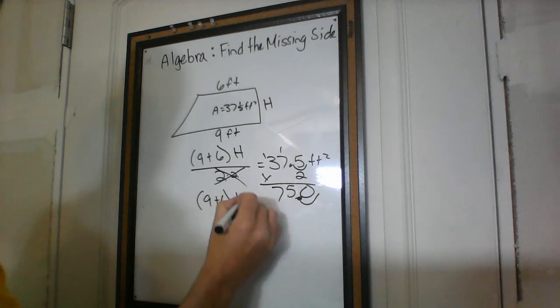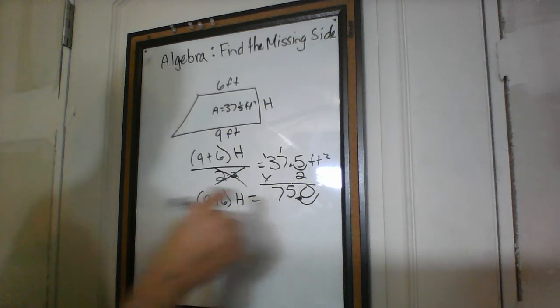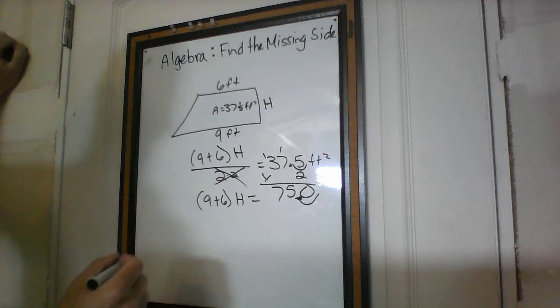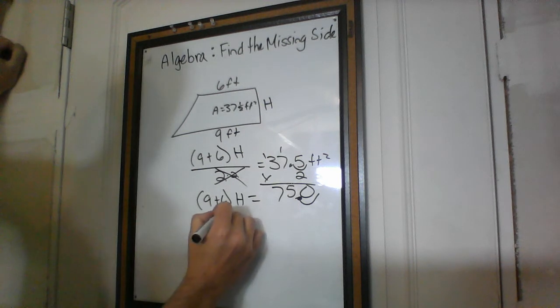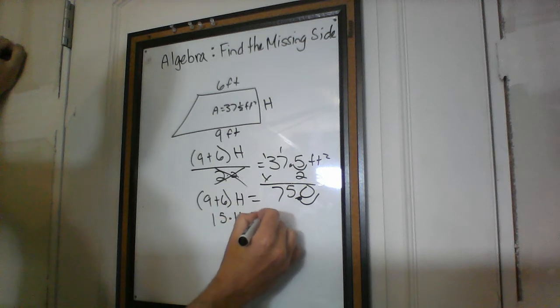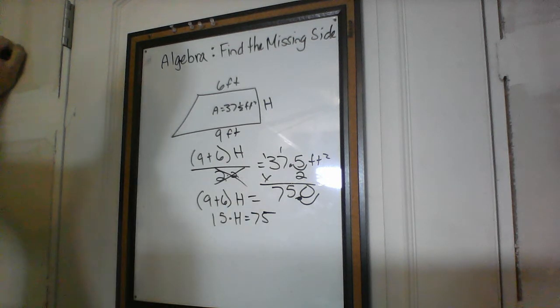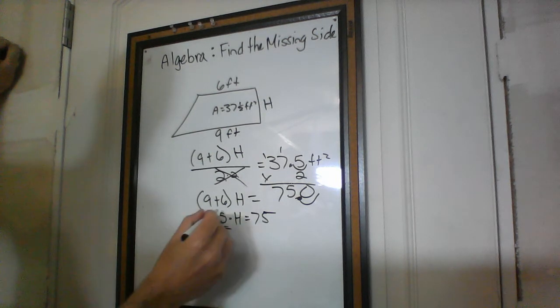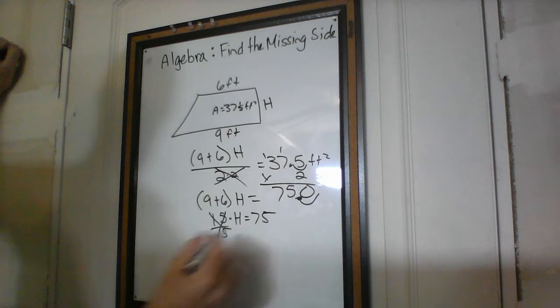So here's what we have now. 9 plus 6 equals 15, times h equals our 75. If we do our order on this one, well, we know we have 15 times h equals 75. Right back to where we were with the other problems, right? Divide by 15. That is now gone.